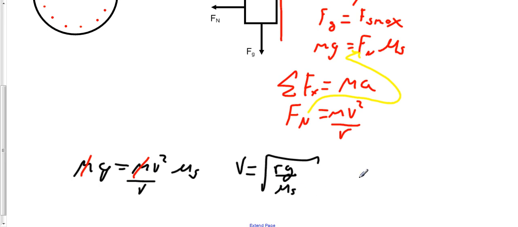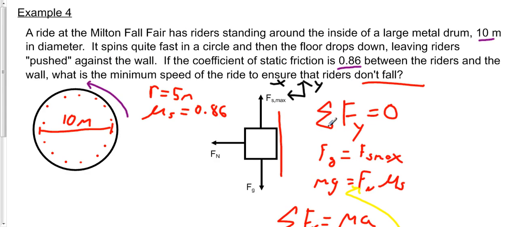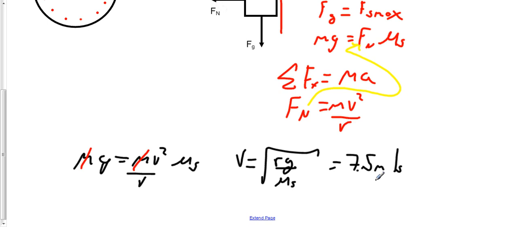So you plunk in the numbers we have, and I'm getting a minimum safe speed for this ride of 7.5 meters per second. So if you want to design this ride and you have this sort of friction between people and the walls, you need to be spinning it this fast before the floor drops out. And once it does, you can drop it out all you want and the people won't move.